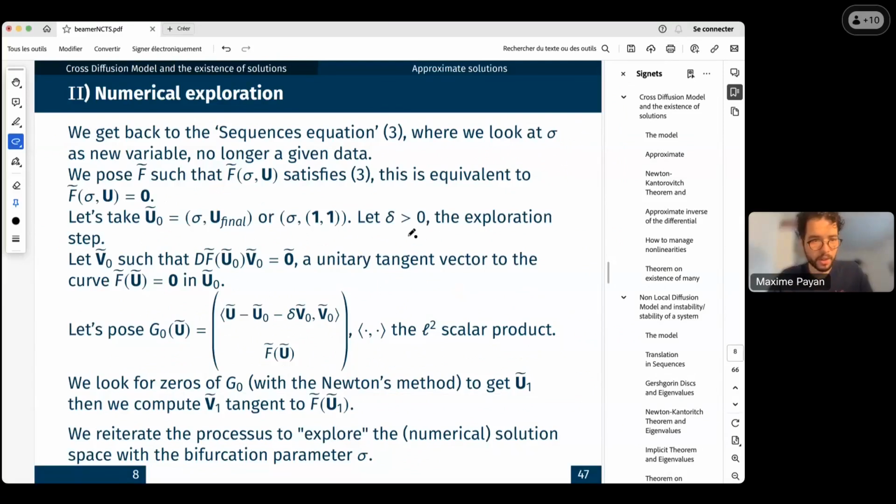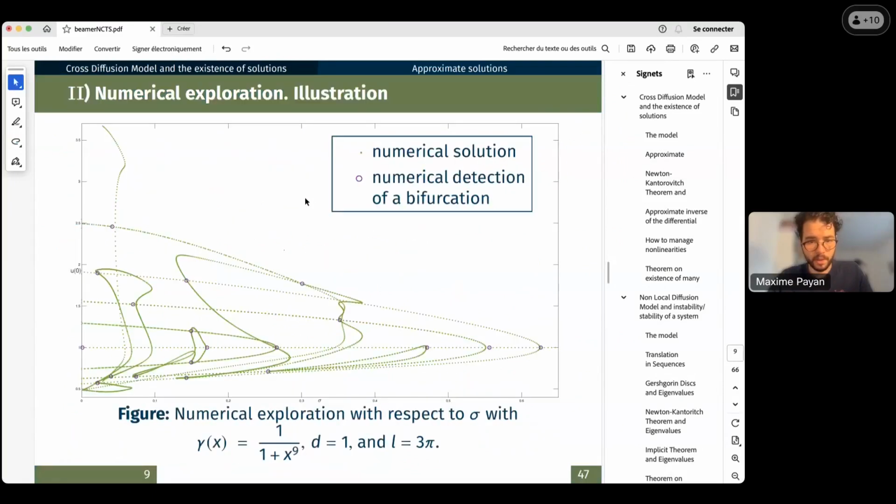Here is the illustration of this theorem. But before that, I will explain a little bit the method. In the space, I start with u0 tilde.